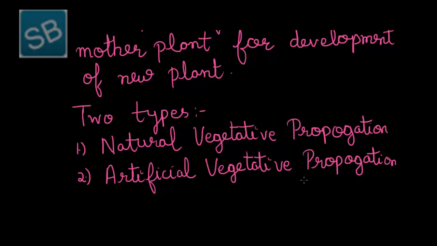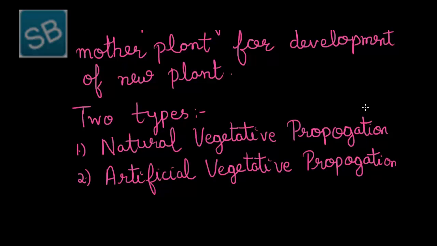Definitely the name suggests that in natural vegetative propagation, the development of a new plant takes place under normal, suitable environmental conditions. On the contrary, in artificial vegetative propagation, a few environmental conditions are created in order to obtain a new plant. So let us understand both the types in brief with the help of examples.